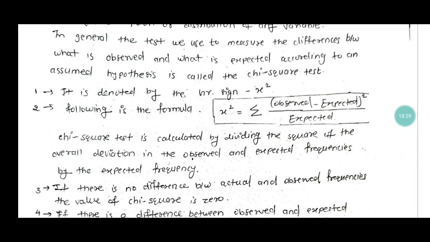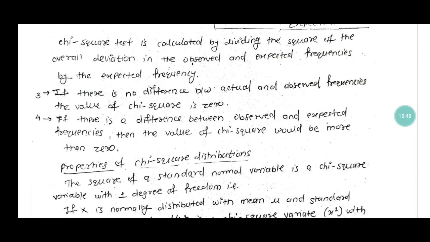The chi-square is calculated by dividing the square of the overall deviation between the observed and expected frequencies by the expected frequency. If there is no difference between the actual and the observed frequency, the value of chi-square is 0.